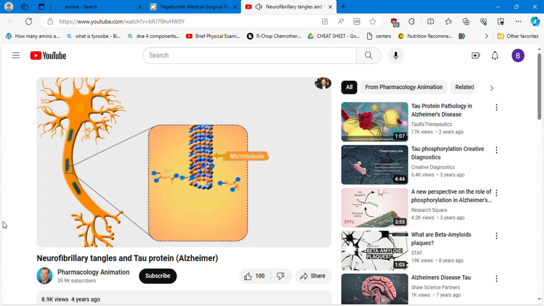This hyperphosphorylation process makes tau proteins inactive. And as a result, the microtubule loses its natural integrity and starts to collapse. The hyperphosphorylated tau protein aggregates to form new pathological structures called neurofibrillary tangles, which distribute throughout body nerve cells.